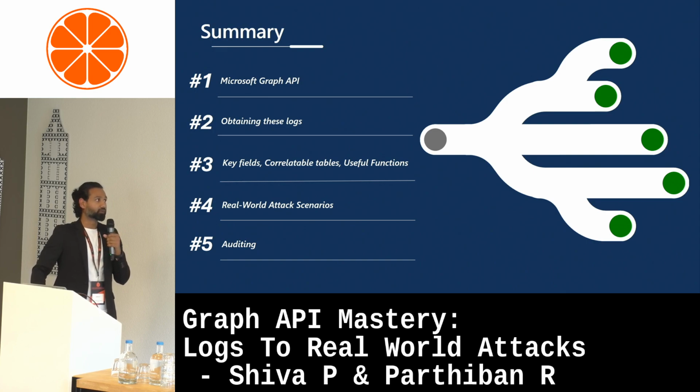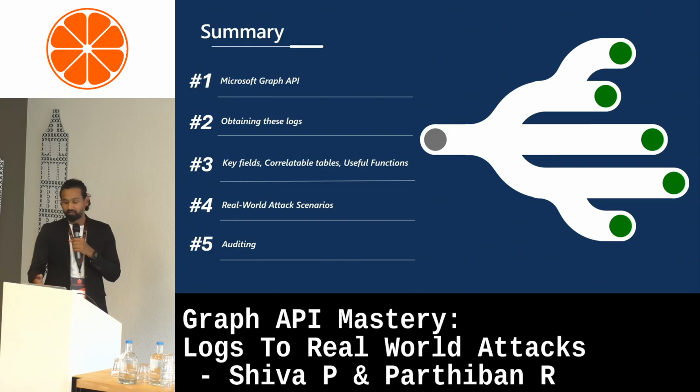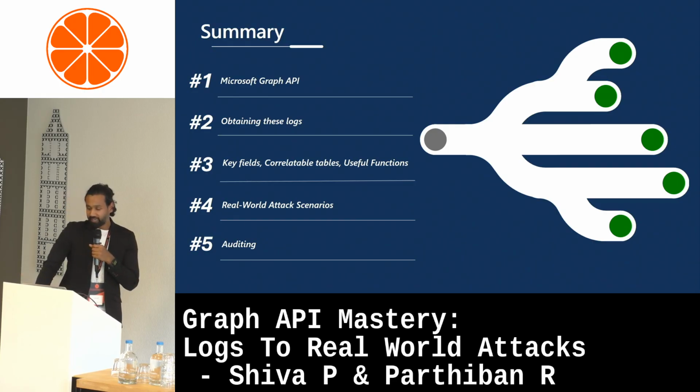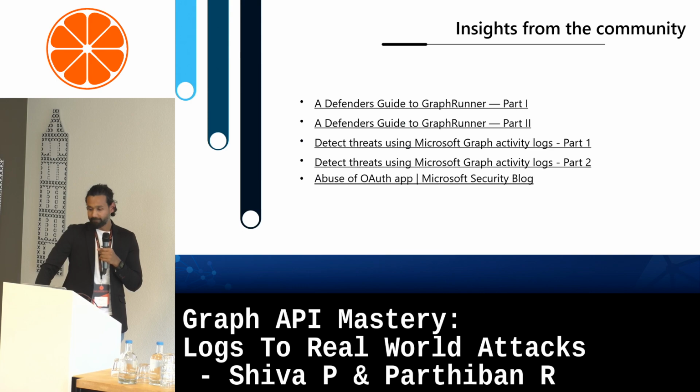We looked into a few correlatable tables such as Cloud App Events, audit logs, and then AAD risk users. And then we also looked into a few useful functions which are used during investigations. And then we went over multiple real-world attack scenarios, and of course, a few test scenarios to illustrate all of these to understand better. And we looked into how baselining these applications based on permissions and privileges helps us.